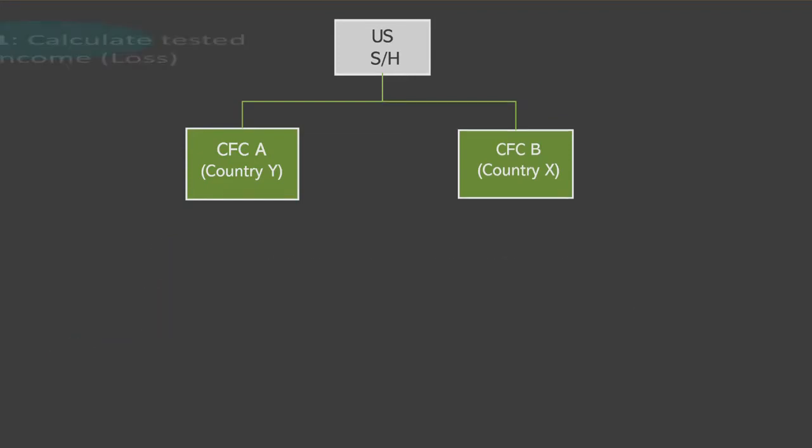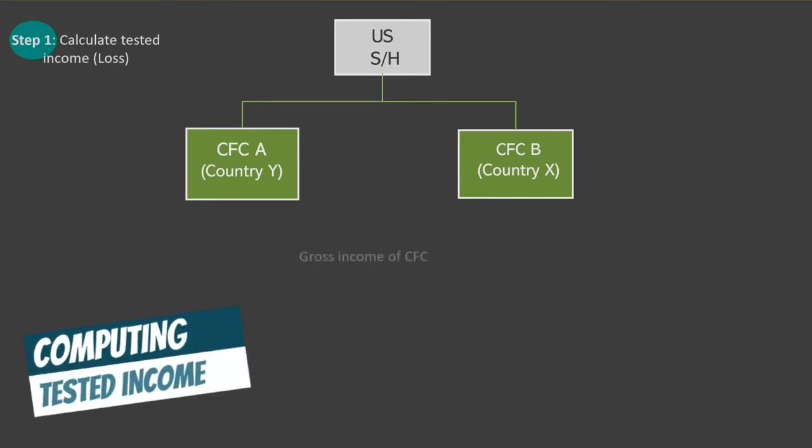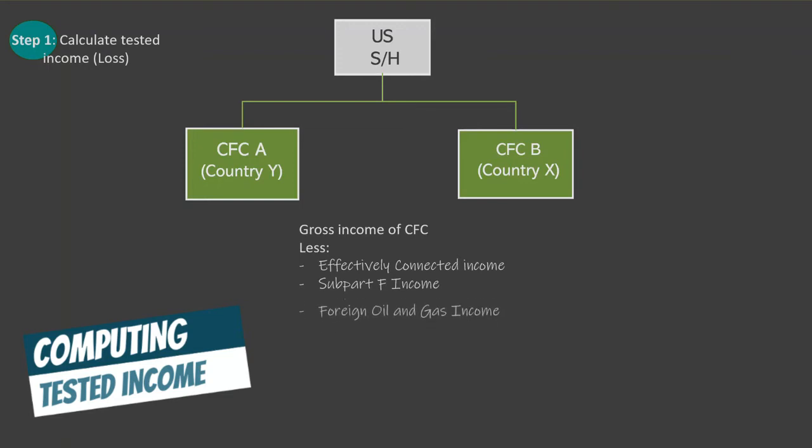In Step 1, we're going to calculate tested income and tested loss. First, we have to know what goes into tested income. Tested income starts with the gross income of the CFC. Then we reduce that gross income of the CFC by effectively connected income with the U.S. trade or business, any Subpart F income we've determined under 951, foreign oil and gas income, and dividends received from subsidiaries get excluded.